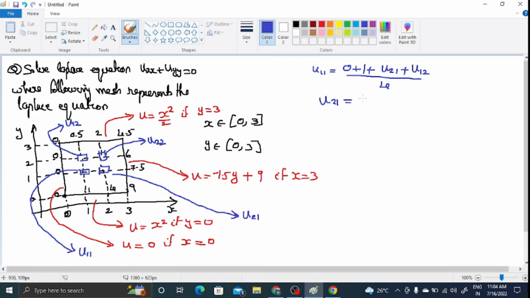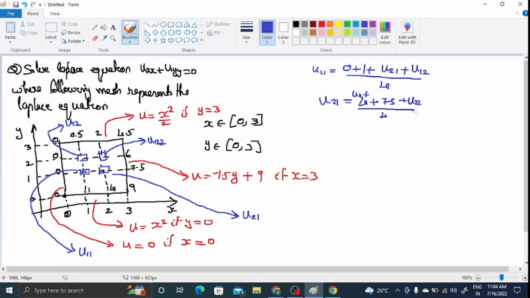The left point is u11, bottom point is 4, right point is 7.5, and top point is u22.